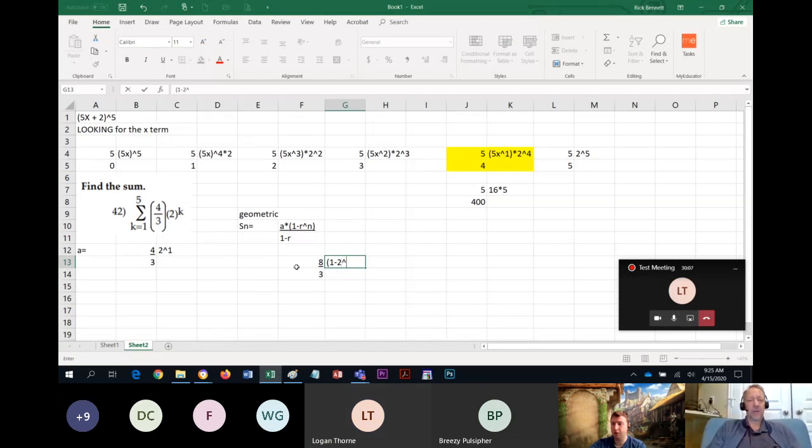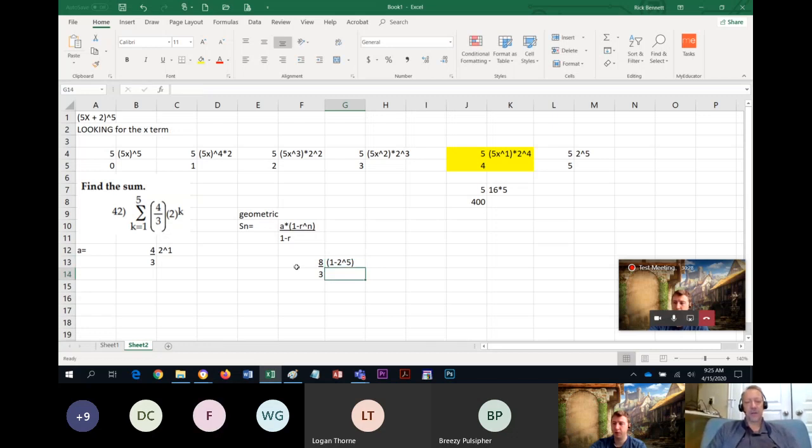Instead of the k power, we're going to raise it to what power? Would it be 5? It would be 5. We're raising 2 to the 5th power, and then on the bottom we divide by 1 minus r, and r is 2, as we said before.